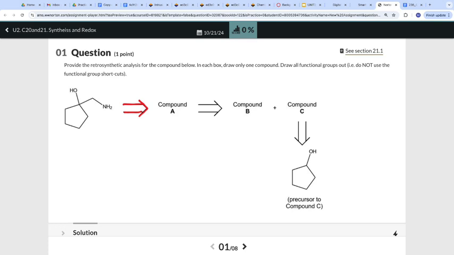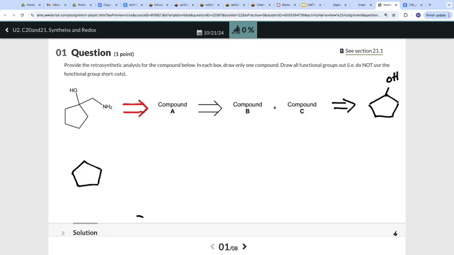So for me personally, what I would try and do is not forget what the structure was, as we would reformat this a little bit. What I would do as kind of a rethink, what was those words? Precursor to compound C. Yeah. So I would say I am starting with this molecule.